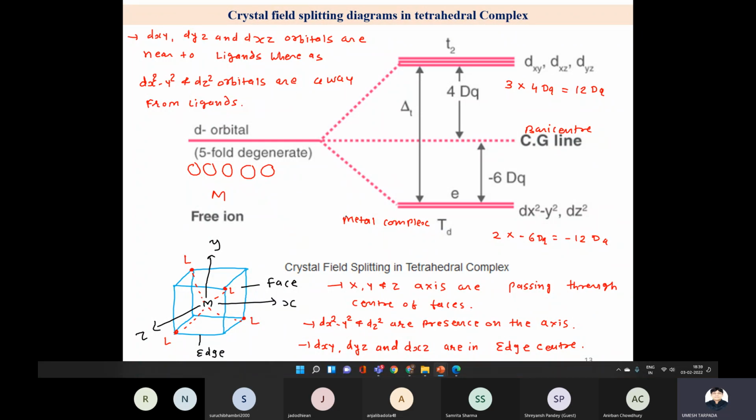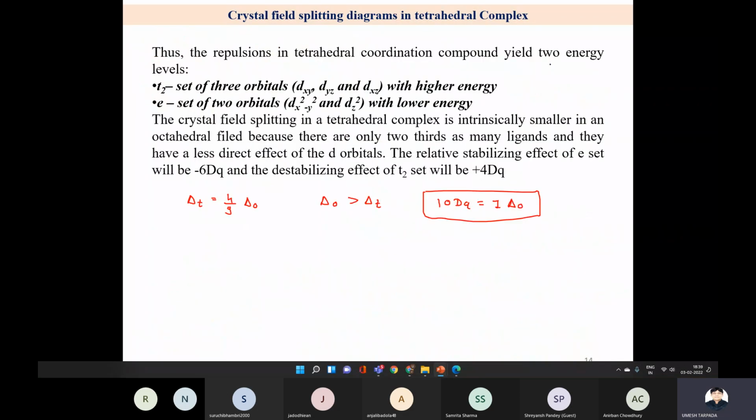So the dx square minus y square and dz square orbitals are away from the ligands, and that's why the set of e orbitals has its energy decreased, whereas the set of t2 orbitals has its energy increased. And of course octahedral splitting is more as compared to tetrahedral. These things we have completed.